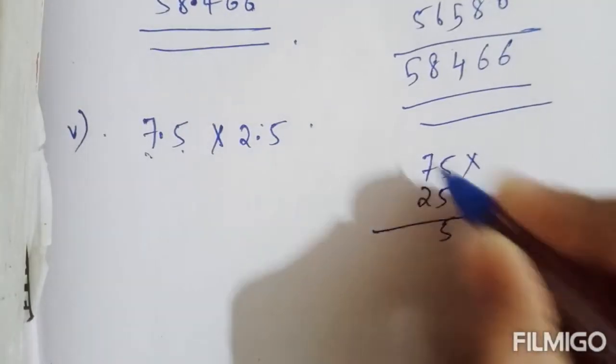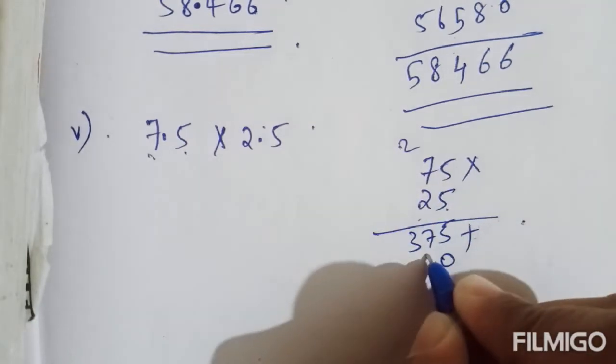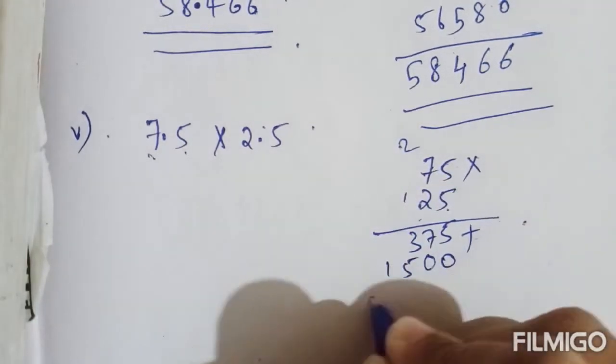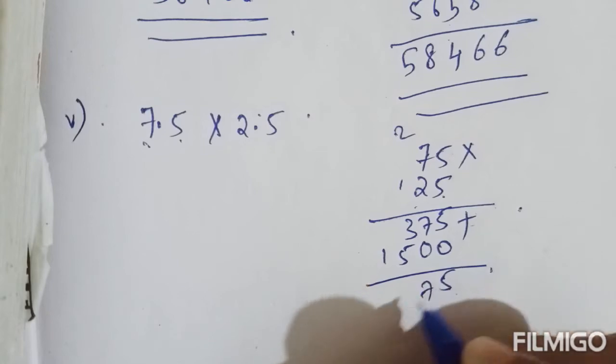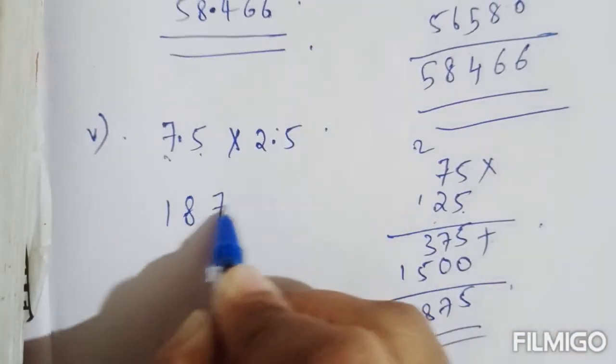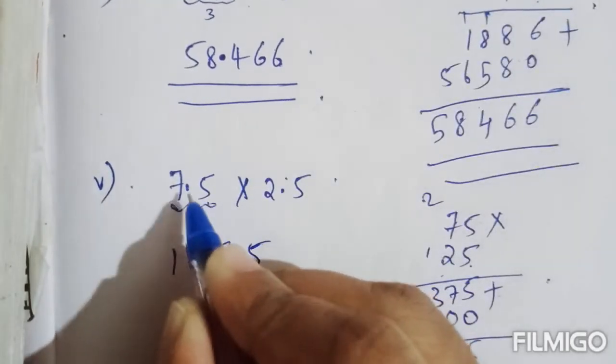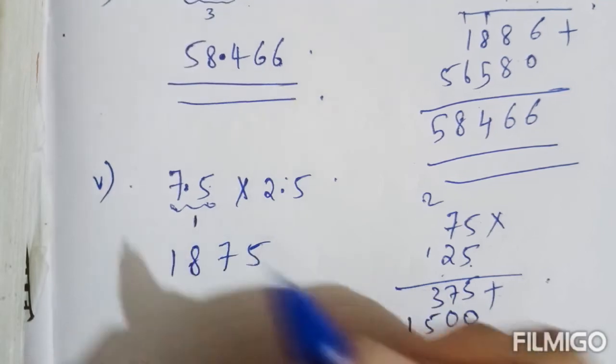Okay, so 5 into 5, 25. Here 37 plus 0, 5 into 2, 10. Here 50. Now 5, 7, 8, 1. We got 1875. Now here after the decimal point 1 digit is coming.